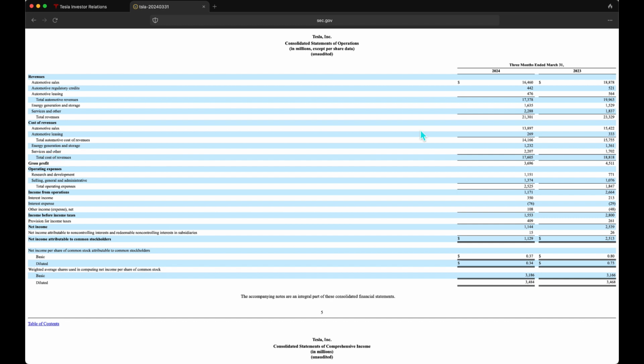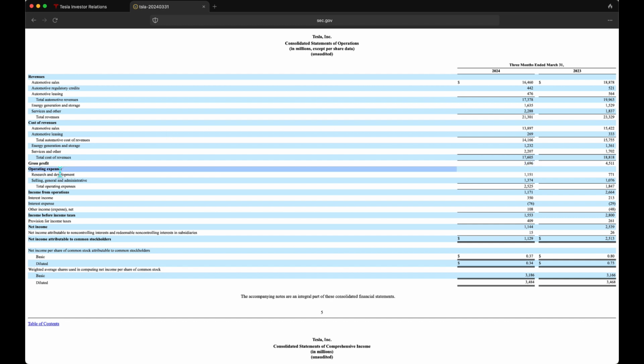So the total cost of revenues is going to be $17,605 million. So here we can see that it was the total revenues, 21,301, subtracted by the total cost of the revenues, which is 17,605, and that leaves us with the gross profit of $3,696 million.